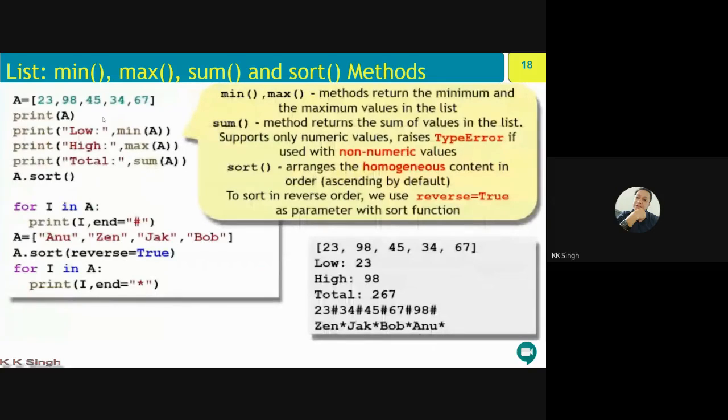Now the next function is sort. Sort is applied to lists only. Yes. Can we not use min, max and sum with strings, if there are strings inside the list? No. This is for numerical values. Got it.